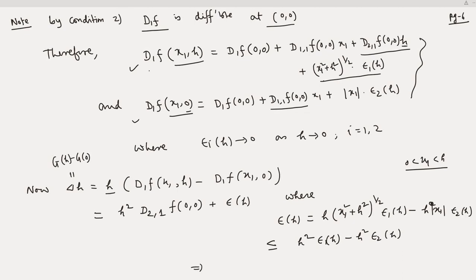This implies limit h tends to 0 of epsilon h over h square equals 0, because limit h tends to 0 of epsilon i of h equals 0 for all i equal to 1 and 2.